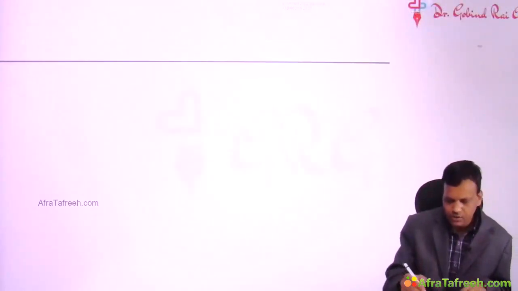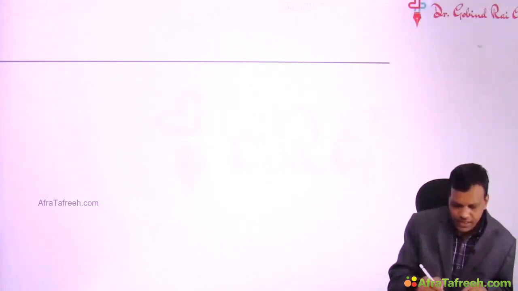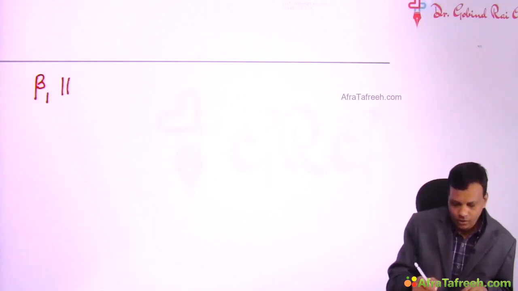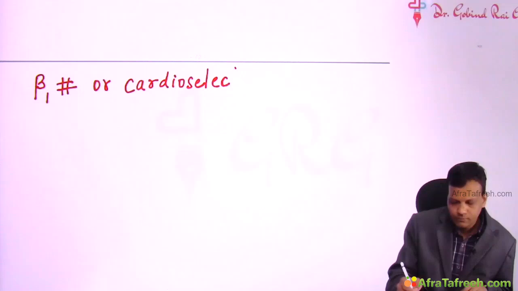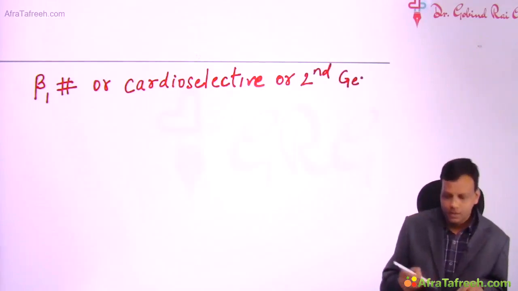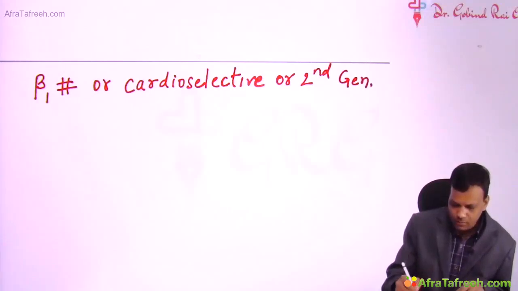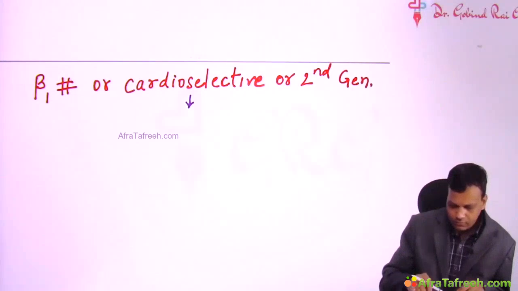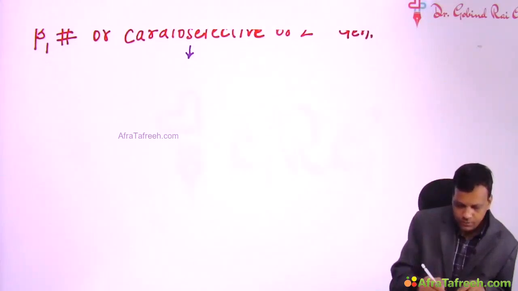So we'll discuss the names of beta 1 selective blockers, or we can say cardioselective beta blockers. They are also known as second generation beta blockers. The names of these beta blockers you can remember easily from the mnemonic.